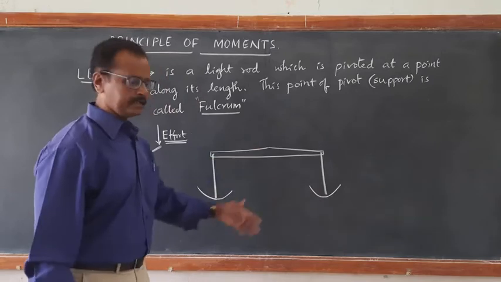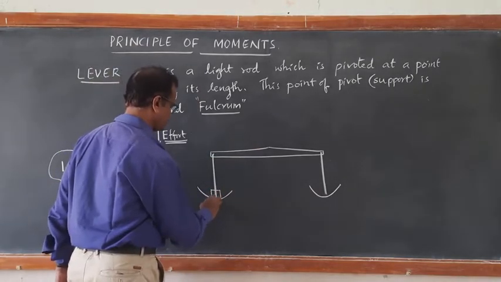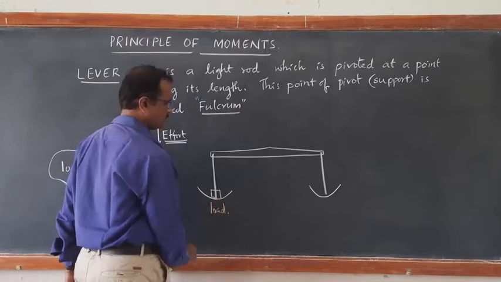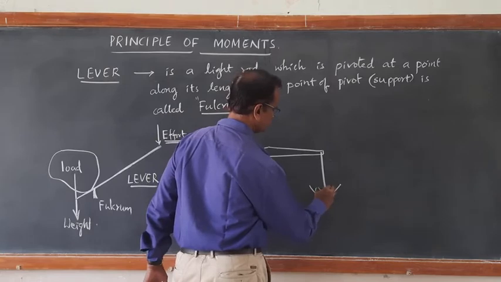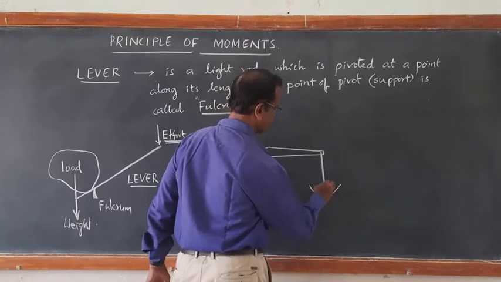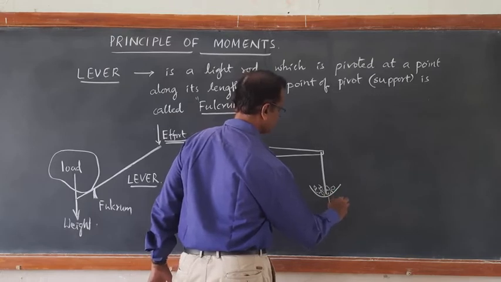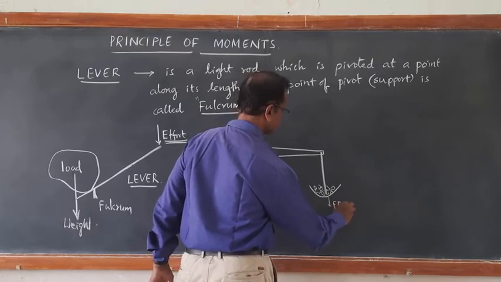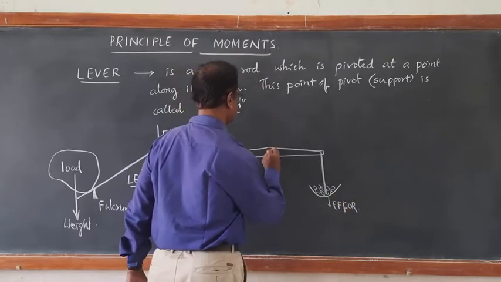So the standard weight acts as a load, and the things kept here, like potato, act as effort. And here there will be the point of pivot.